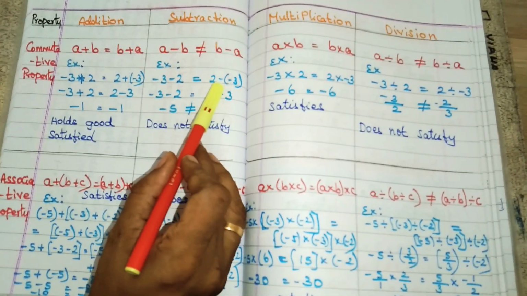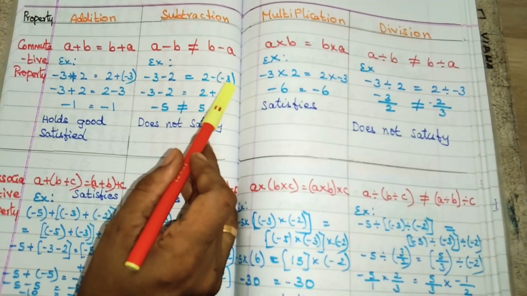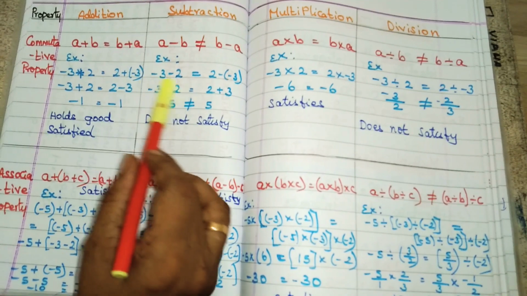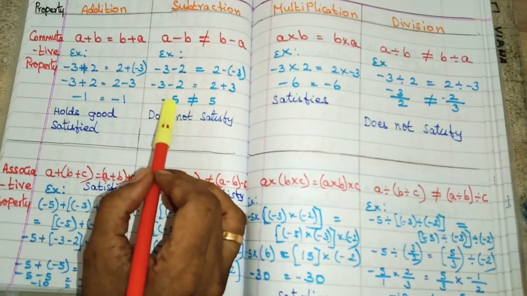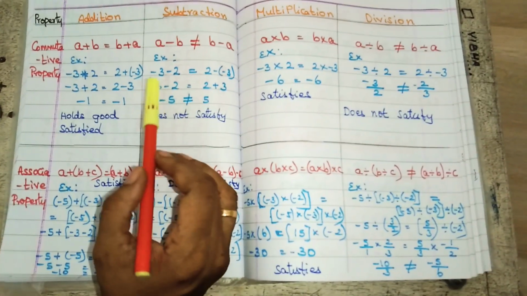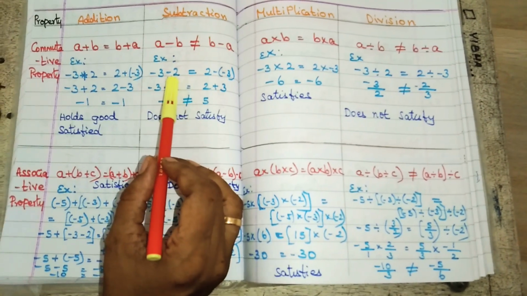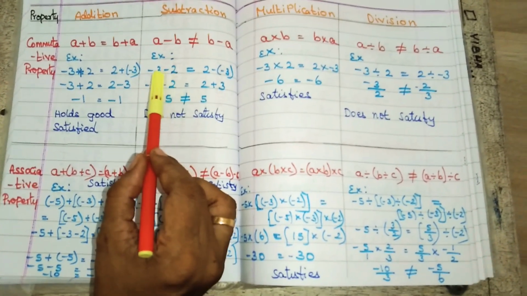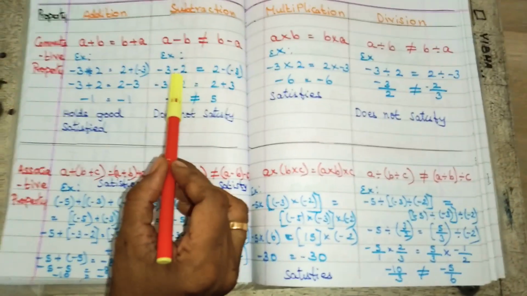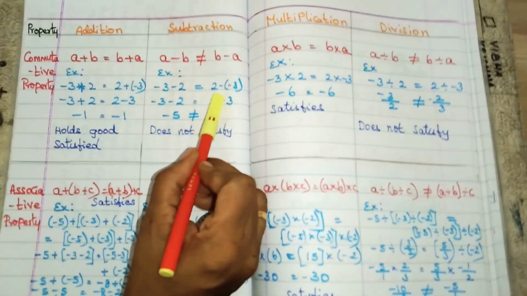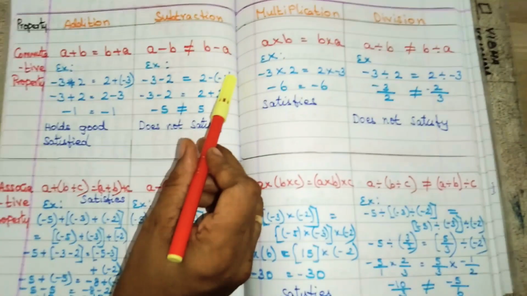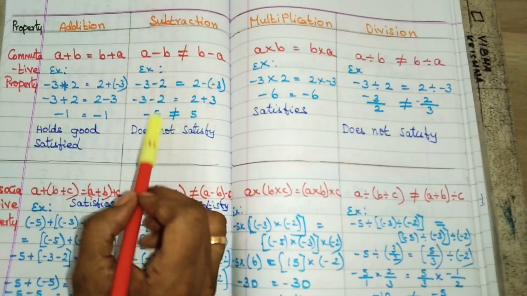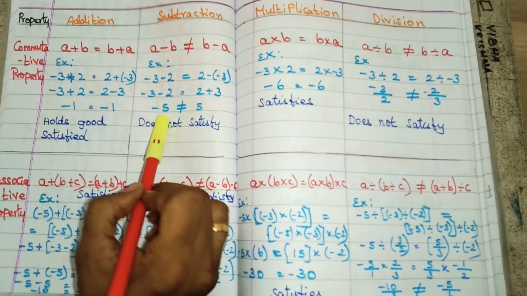So minus 3 minus 2, both the numbers have got the same sign, so I will add and put the same sign. So the answer will be minus 5. And here 2 minus of within brackets minus 3.